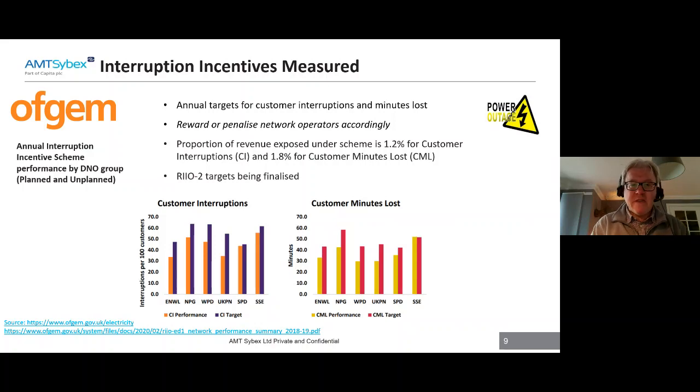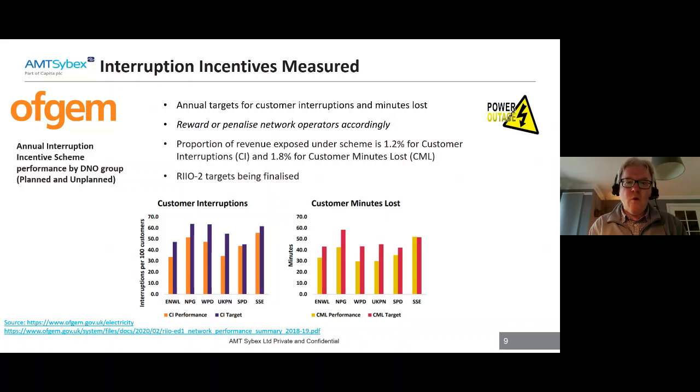Now, for the big 6 electricity companies in the previous RIIO targets, they've all come in under their targets, which is good. That means that they have not been fined in general for these things, and they've reduced the number of customer minutes lost and customer interruptions.